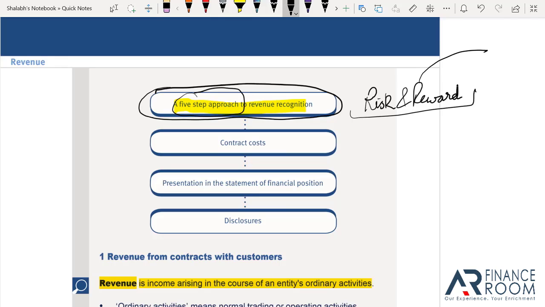As soon as we established that risk and reward is getting transferred, we used to recognize revenue. But now this has moved to a 5-step approach, which we shall be studying here.